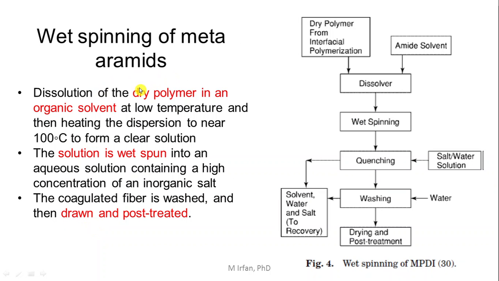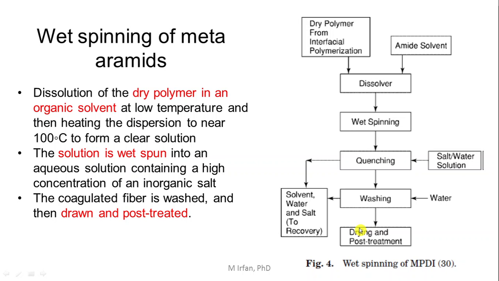In the wet spinning technique, the dry polymer is dissolved in an organic solvent at low temperature and then the dispersion is heated to near 100 degrees centigrade to form a clear solution, and then the solution is wet spun into fiber in an aqueous solution containing a high concentration of an inorganic salt. The spun fiber is then washed with water, and then solvent and water are sent to recovery, and the formed fiber is then dried and any post treatment is performed.